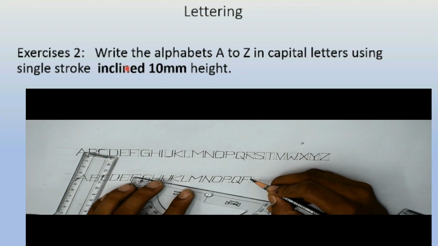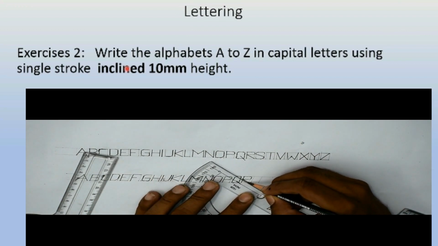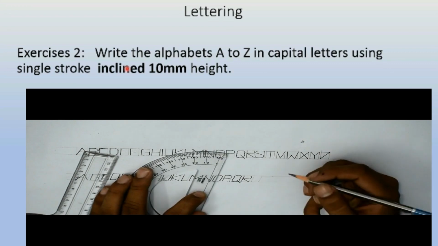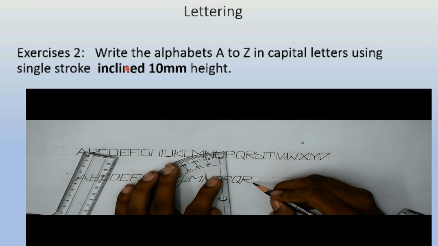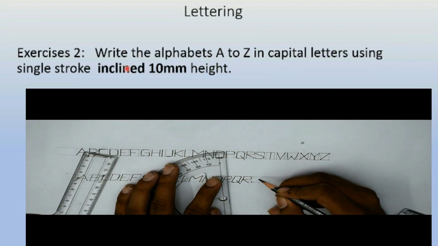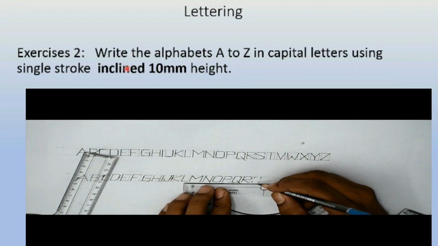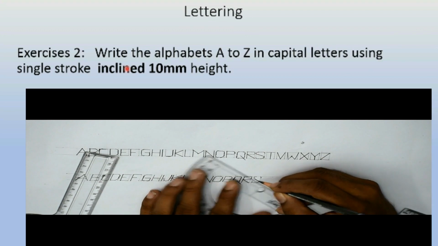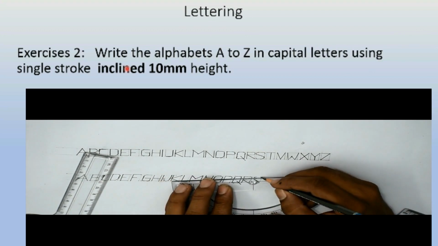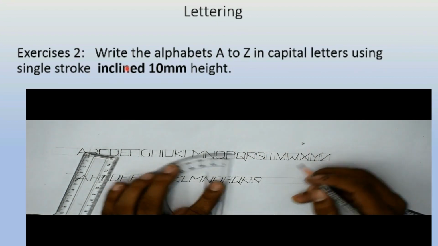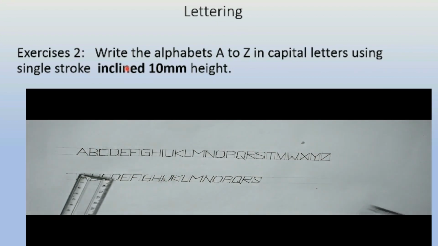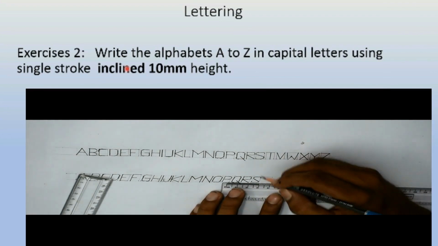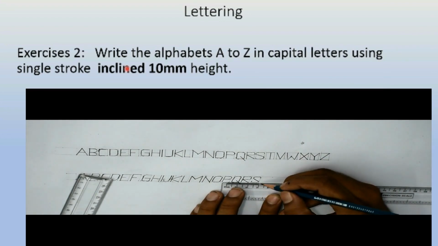First we will complete a portion like P, then R. For the letter S, you need to be a little bit careful. We have to take first some arcs at the corners. Then we can easily join them. The S and the letter T.